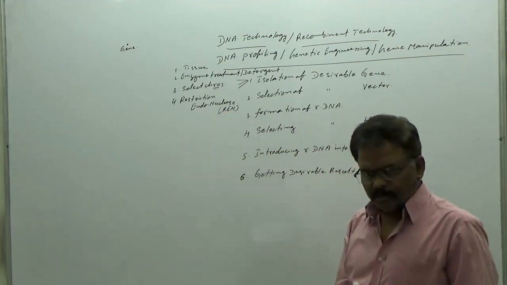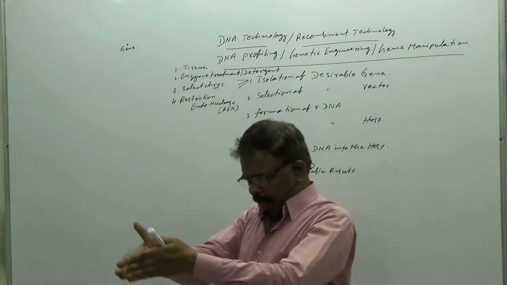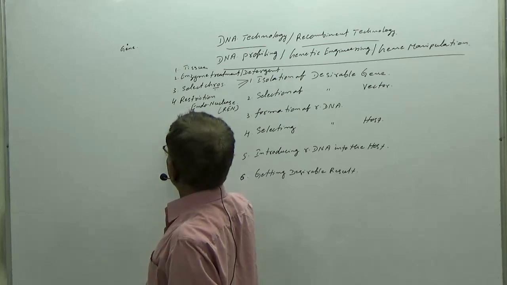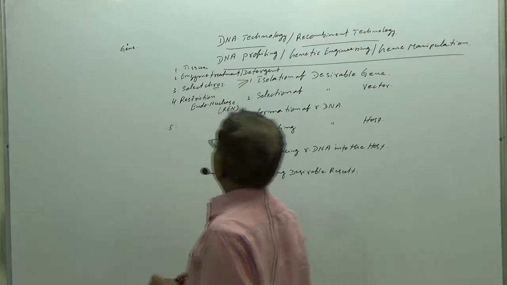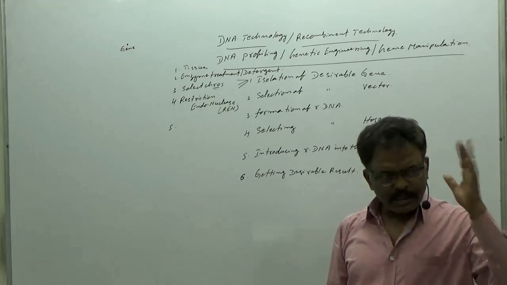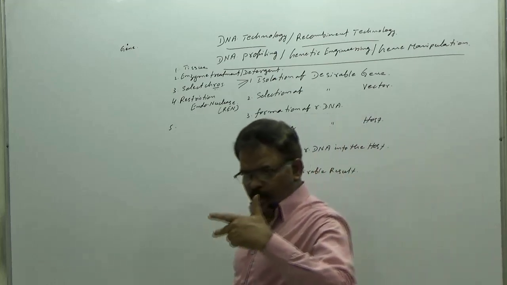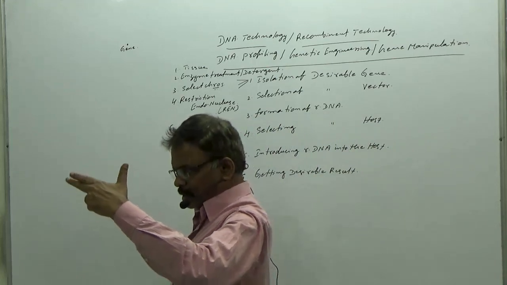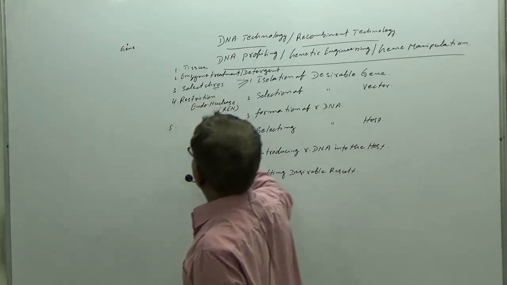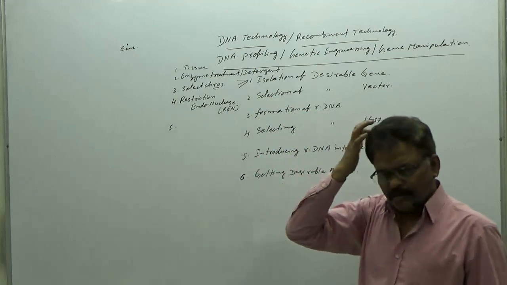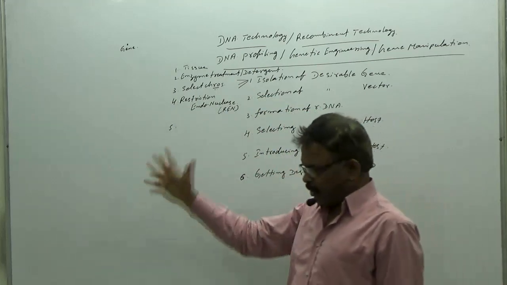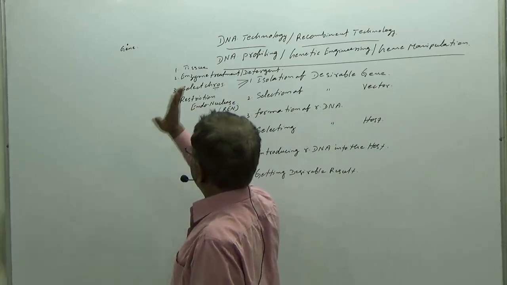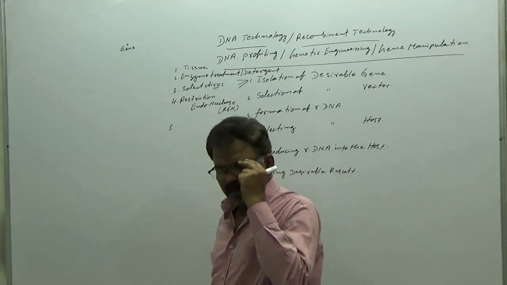This enzyme cuts and separates a desirable gene. It's a gene cutter. That's why it is known as molecular scissor, gene cutter, genetic scissor. Restriction endonuclease is useful to cut a specific gene. Then after separation, they have to confirm it.